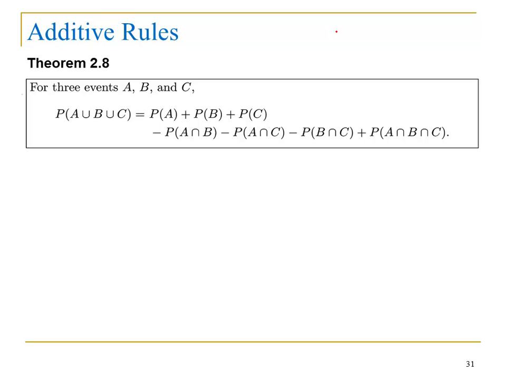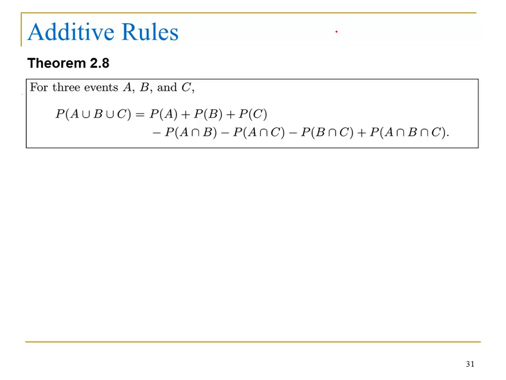Now, let's say we have three events and they are not mutually exclusive. Then the expression gets a little bit bigger. You have the summation of the three events, minus the intersection of each combination, plus the intersection of the three.